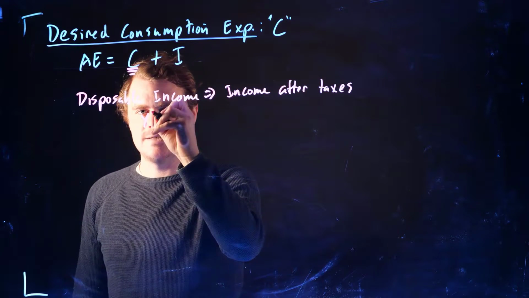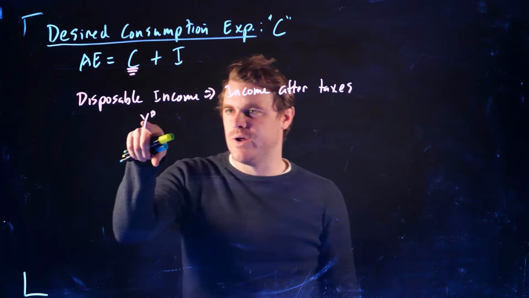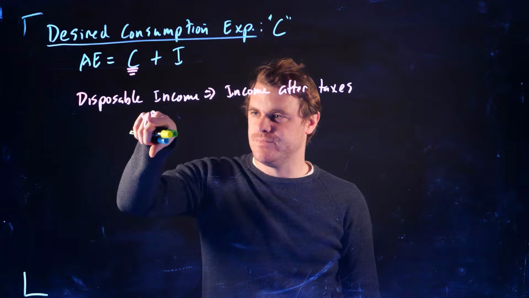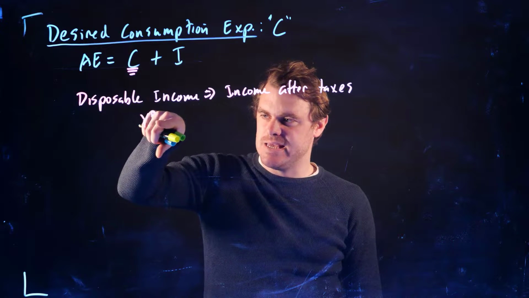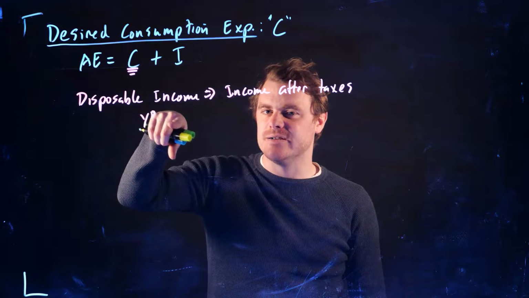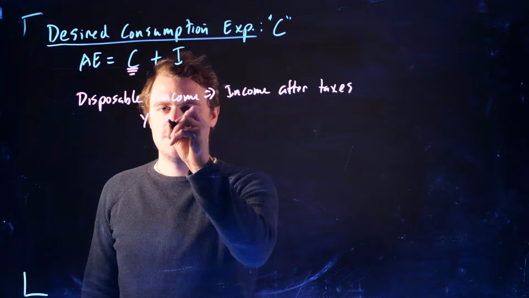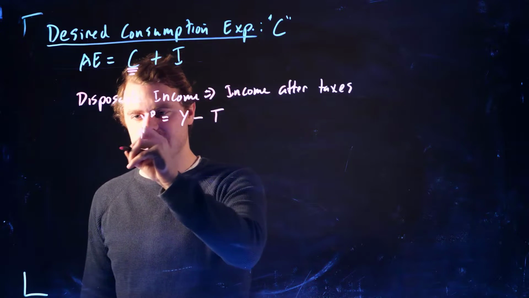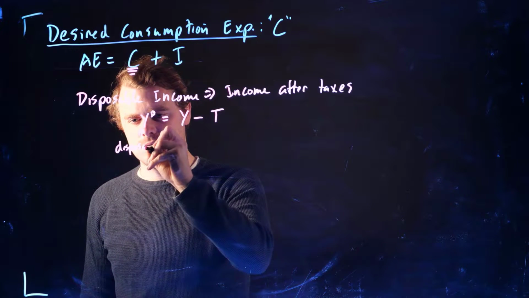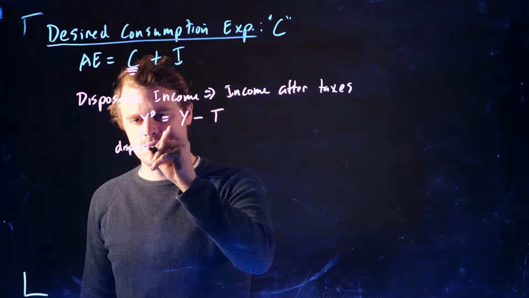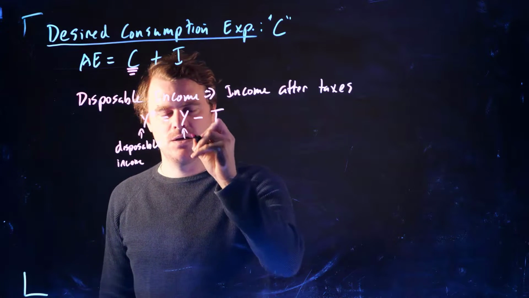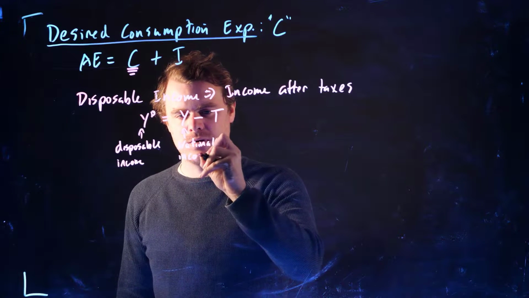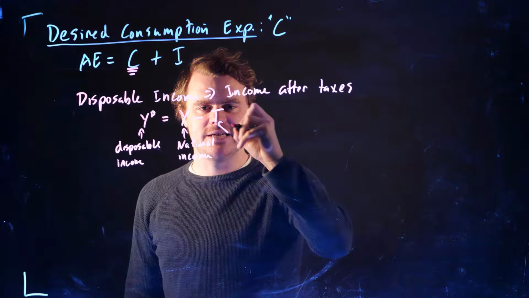If we wanted to define it mathematically, we might denote it YD, where the D is indicating desired. So it equals your national income minus your taxes. This is disposable income, this is just national income, and this capital T is going to be our taxes.